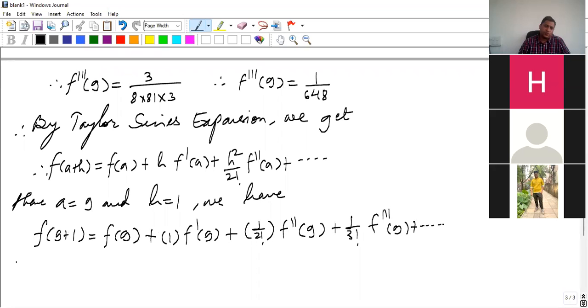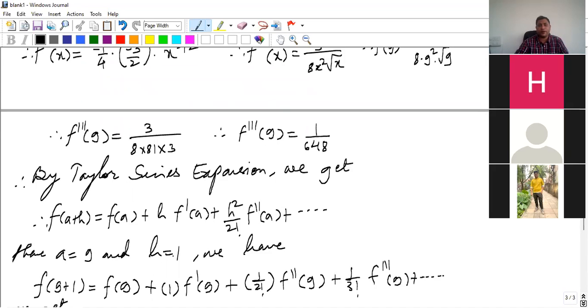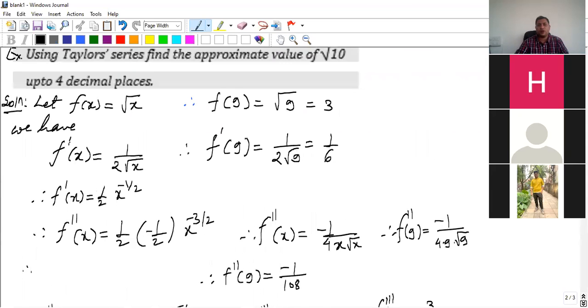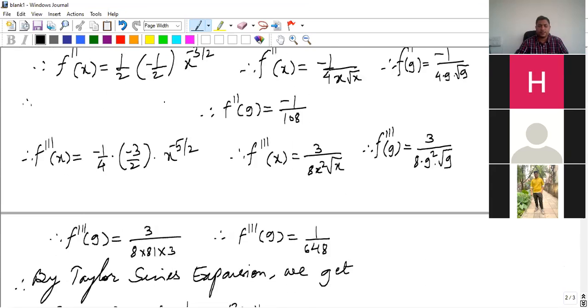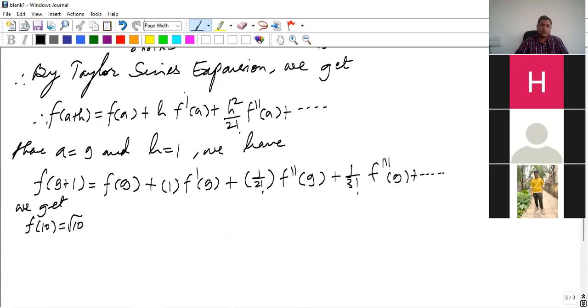Okay, so we get f of 10. So that is root of 10. We are finding root of 10 and we know what is f of x. F of x we have defined as root x. So you can see this f of x is equal to root x. So that I can say that f of 10 is equal to root 10. And that's how we'll be having f of 9.